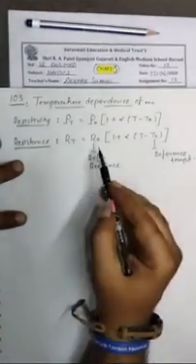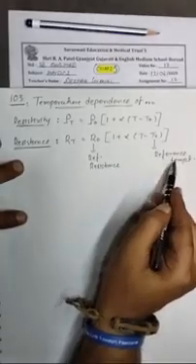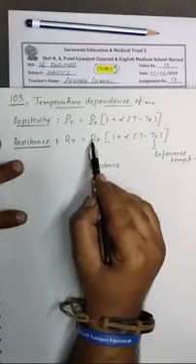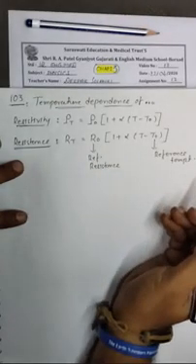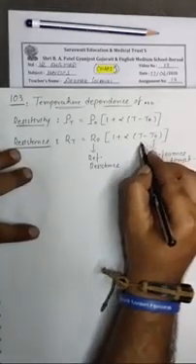Got it? So when there is a subscript 0, it indicates reference. If it is T0, then it is a reference temperature, and if it is R0, then it is a reference resistance.